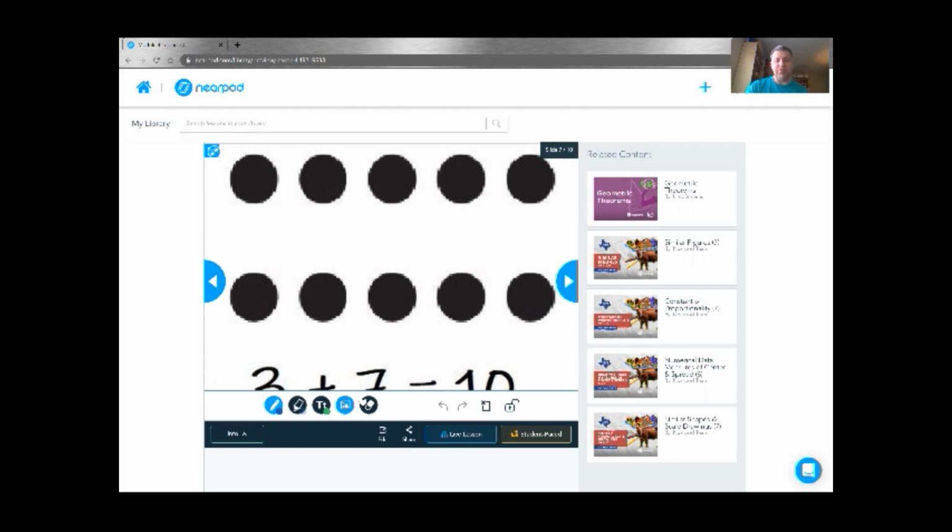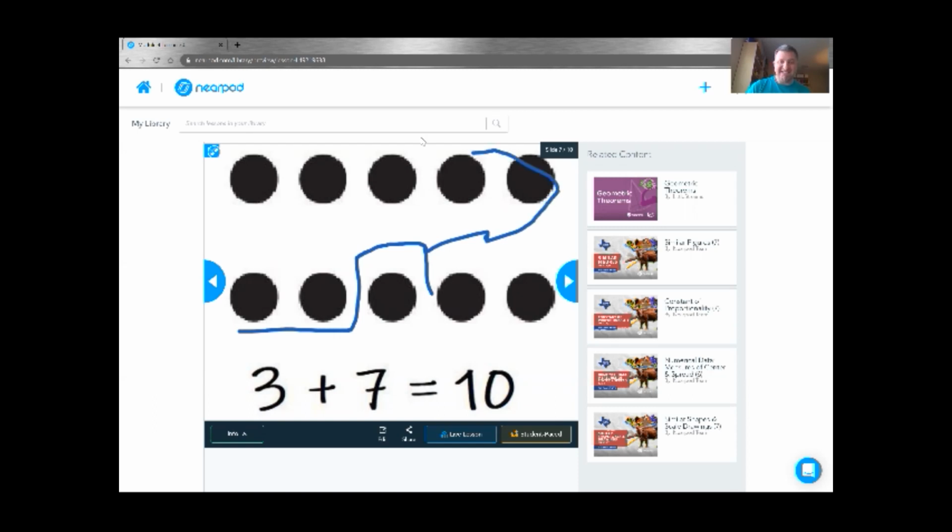Your job is to read the number sentence below. Hopefully you can see it. Yes, you can. So you're going to read the number sentence below. 3 plus 7 equals 10. And then you're going to circle the groups. So I'm going to circle a group of 7 and a group of 3.